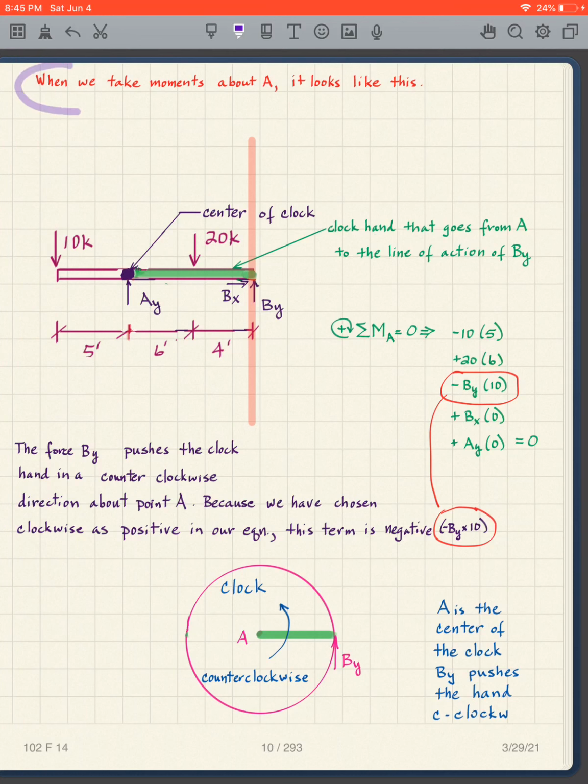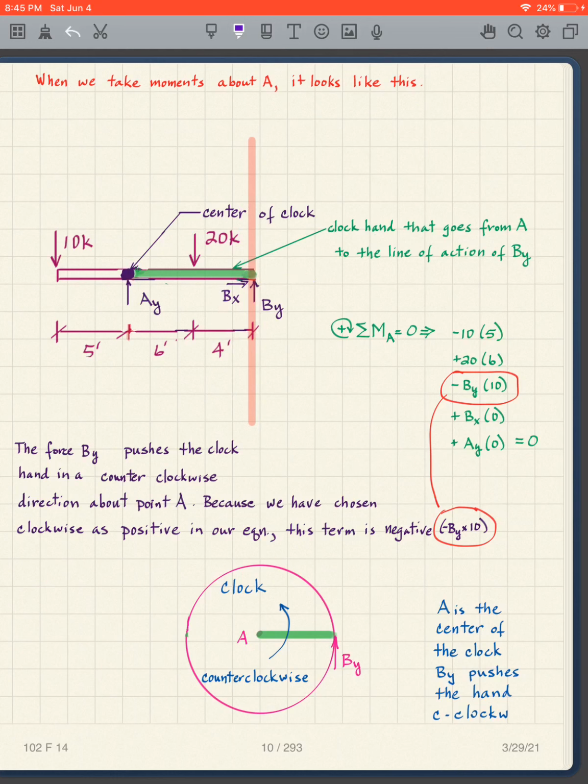Now, how about when we take moments about A? When we take moments about A, A is going to be the center of the clock. So, for instance, when I look at force BY, there's our line of action. The distance from point A to the line of action is 10 feet.